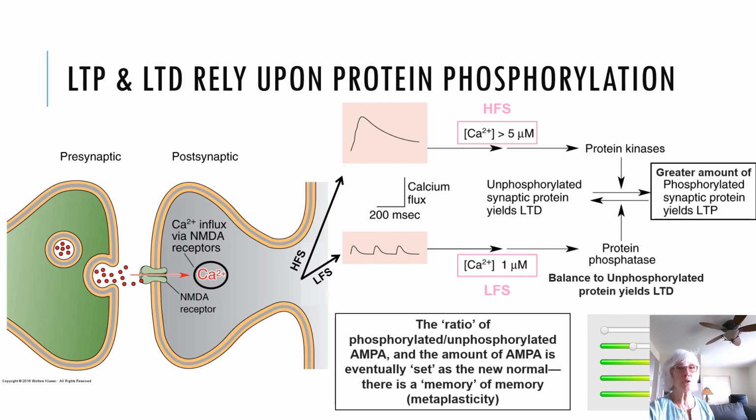sliding scale scenario where we can have a baseline, and because of infrequent stimuli, we can depress that connection and weaken a connection, but then that weak connection could potentially at some other point be strengthened.